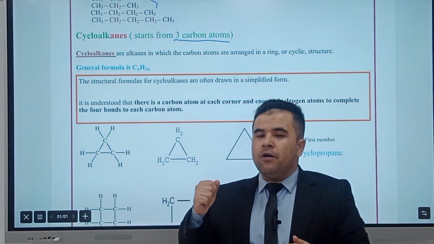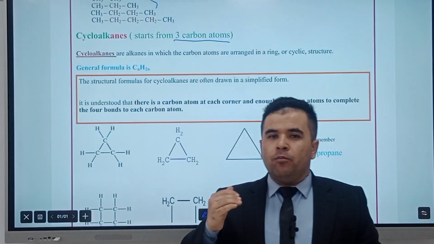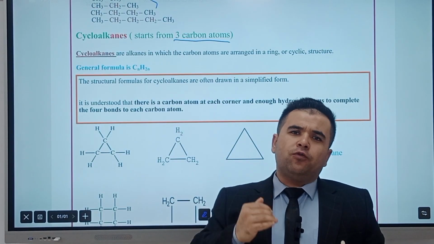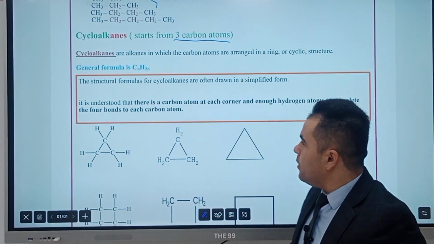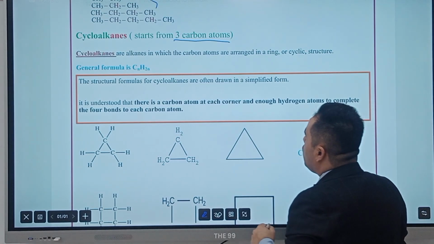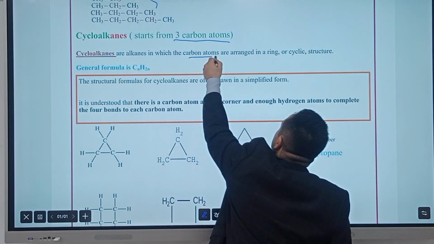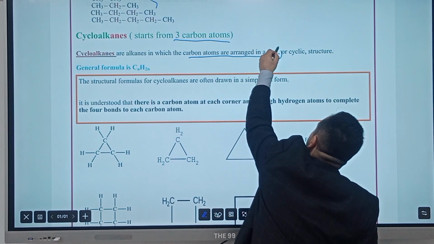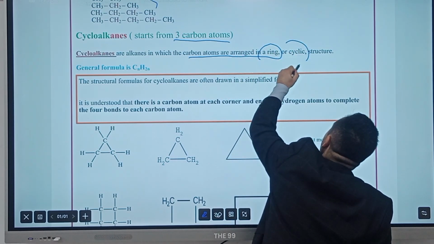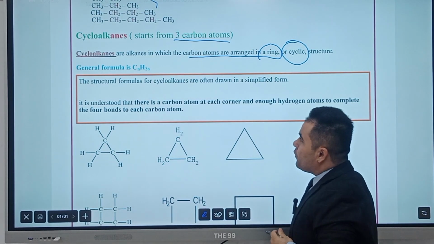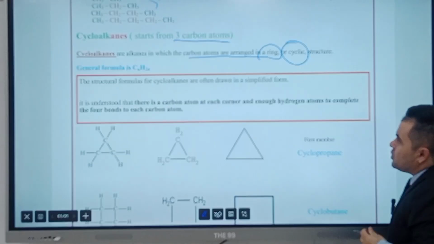So we do not have cyclomethane and cycloethane. It starts from cyclopropane. The cycloalkanes are the saturated alkanes in which the bonding arrangement is in the form of a ring or cyclic structure.